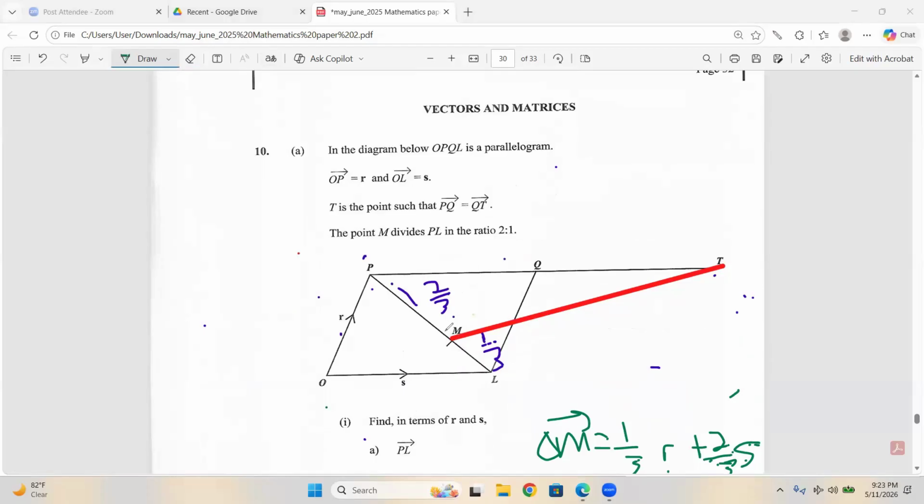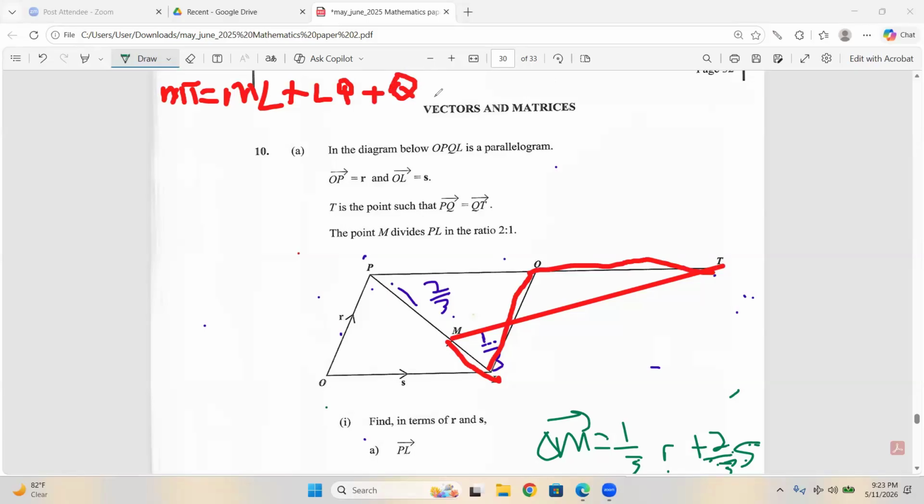In order to go from M to T, we start from M, going from M to L. Then we continue from L to Q. Yes, kind of weird, but we have to use what we have. And then we continue from Q to T. So it's a slightly longer vector equation, but that's what we have to use to get from the beginning to the end.